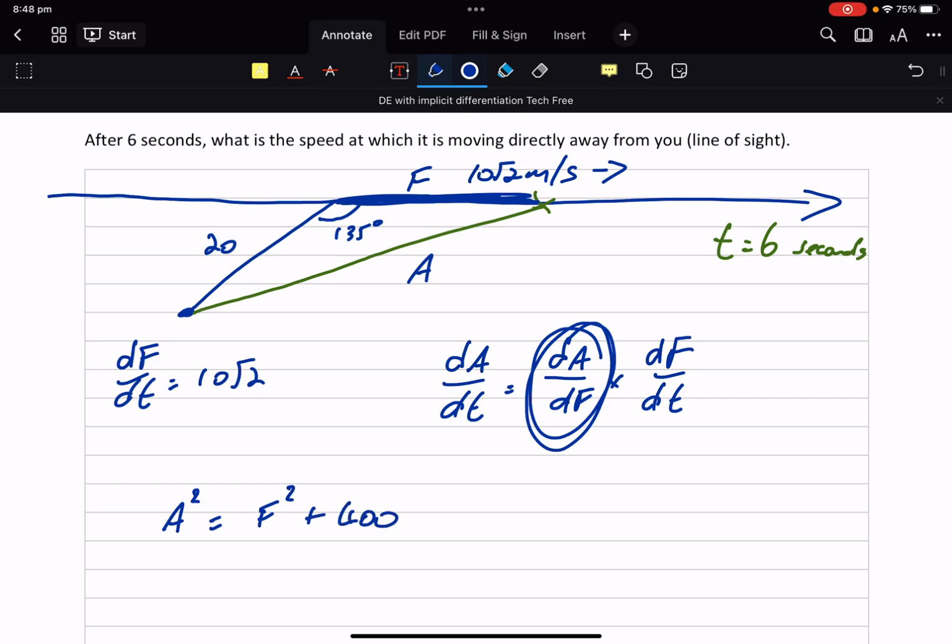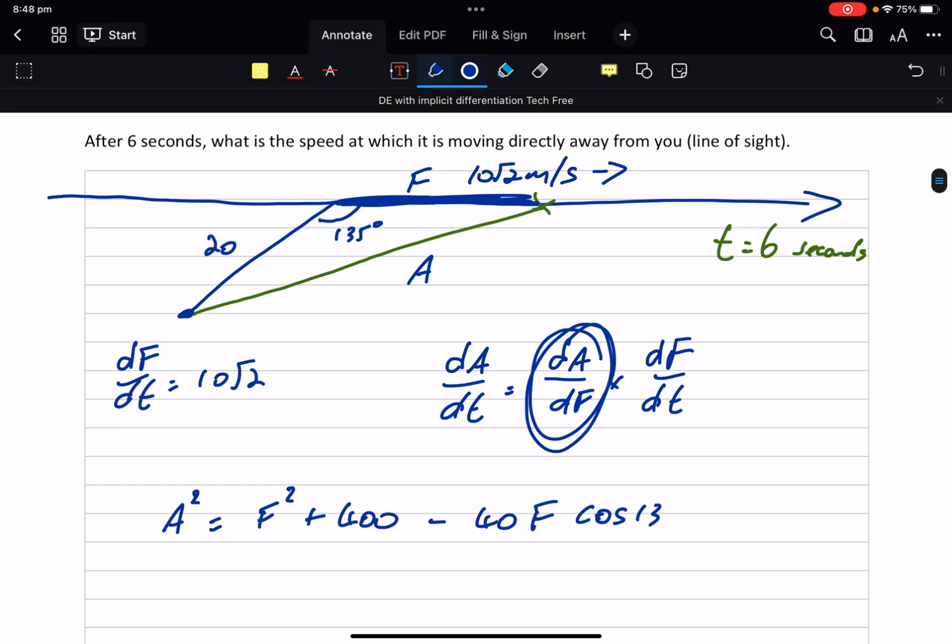And clearly it's the cosine rule, minus 2 times 20 times F times cos 135. Now cos 135, 1 on root 2, because it's a 45 degree triangle, and it's a big angle, so it's minus 1 on root 2.